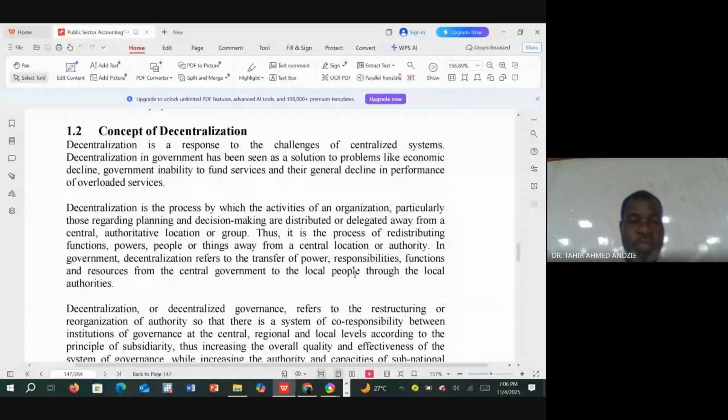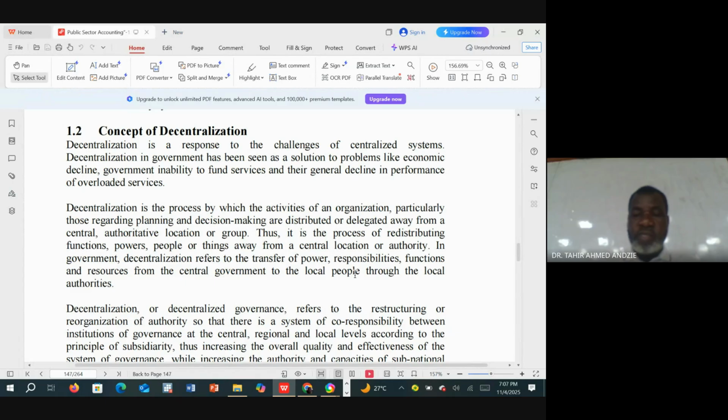In governance or in government, decentralization refers to the transfer of power. So please take note of the definition you will give to decentralization: in government, decentralization refers to the transfer of power, responsibility, functions, and resources from the central government to the local government or to the local people through the local authority.